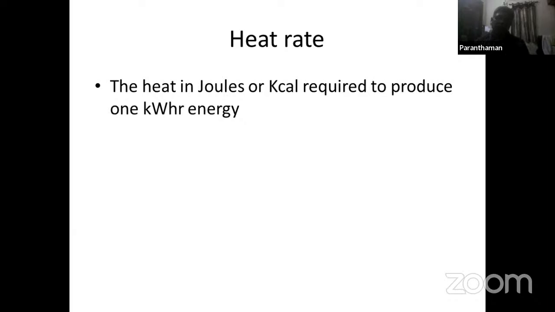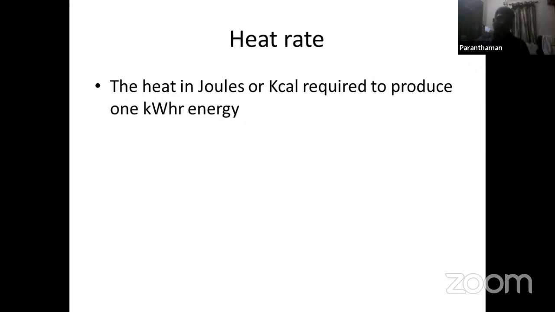In 700 to 750 kilograms of coal, the available heat will be around 2,500 to 3,000 maybe. That is the heat rate.